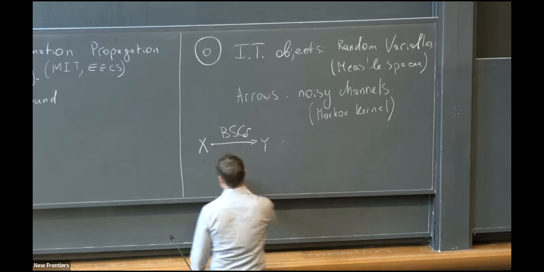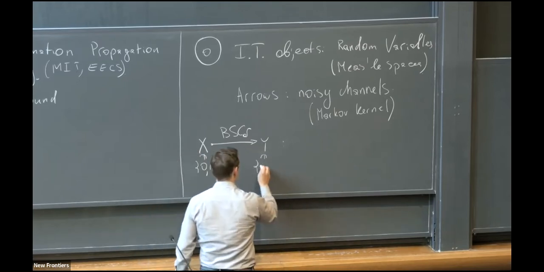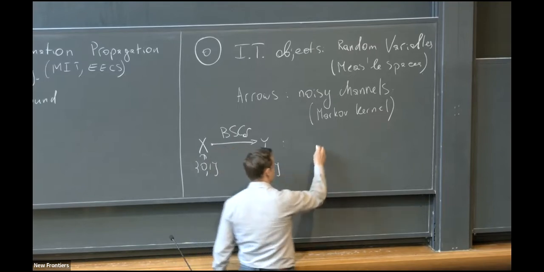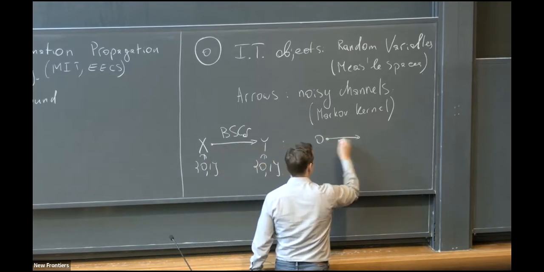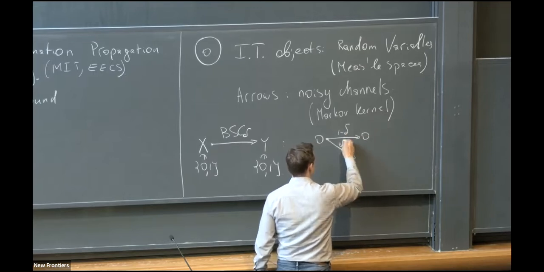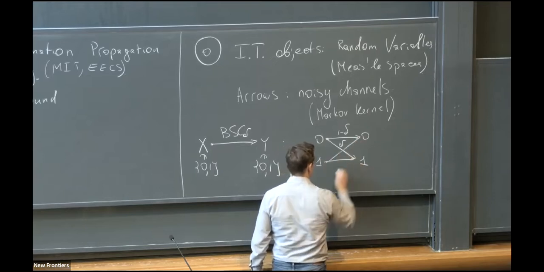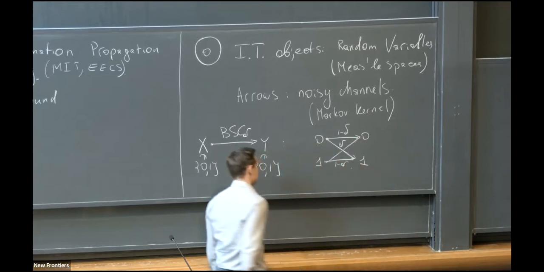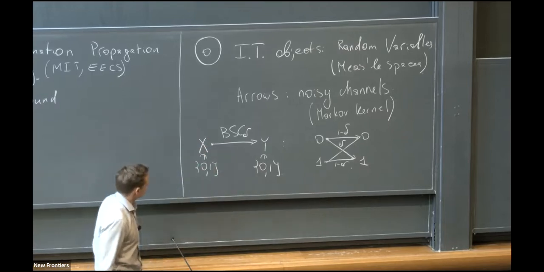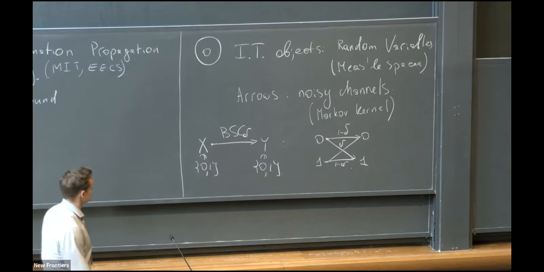This is a channel which takes a binary digit and produces another binary digit according to the following rule. If the input is 0, then the output is 0 with probability 1 minus delta, and with probability delta it gets flipped to 1, and the symmetric picture for the input 1. So this is what the arrow means, and whenever you see this arrow in my diagrams, just remember this little notation.